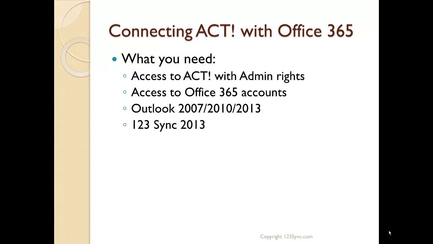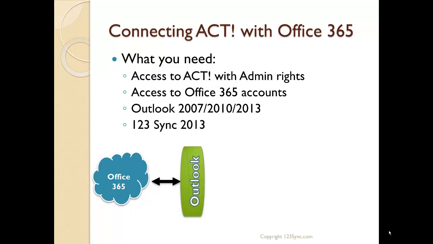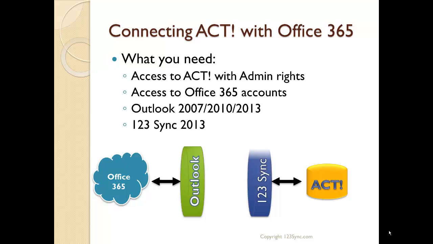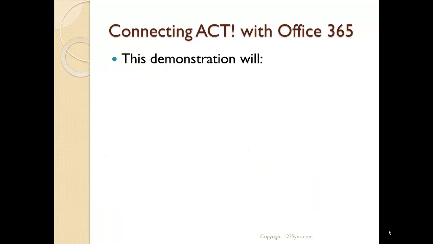And you need 1-2-3 Sync 2013. So we'll have Office 365 and we'll connect Outlook with Office 365, and then we'll connect 1-2-3 Sync into ACT. Once we do those two, then we'll connect both Outlook and 1-2-3 Sync and perform a full sync.